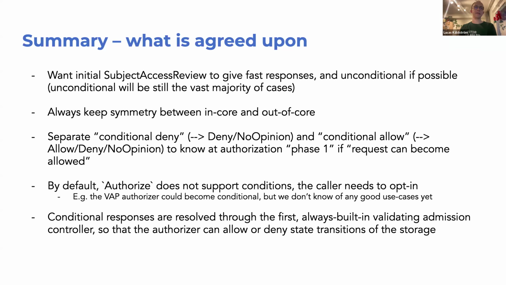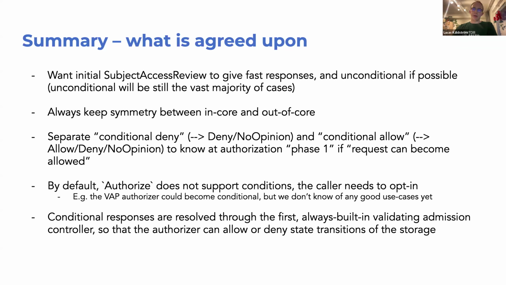By default, authorize does not support conditions; the caller needs to opt in in some way, and not all of them opt in. I'm making a list of that, or the cap already has been updated with the list, but I'm also going to add the specific code references of the packages that call authorize, so it's easier for people to find them.